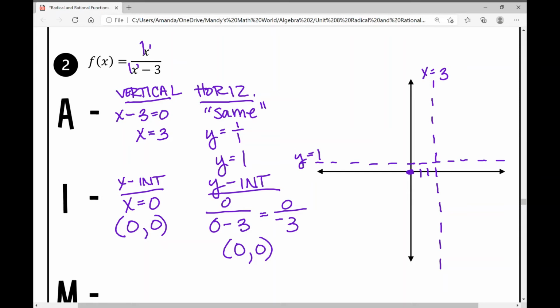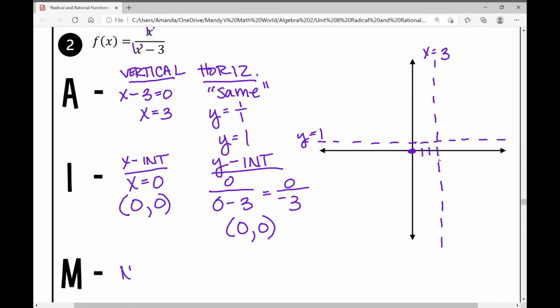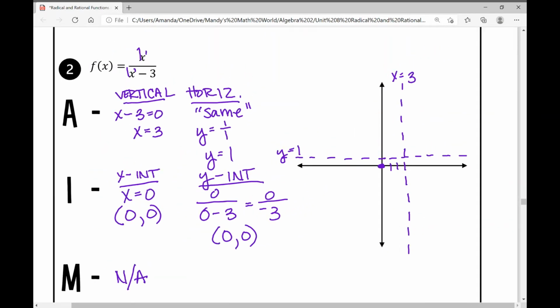And now let's look for those special squared terms where the entire factor contains multiplicity. Do I have any of that? I do not. So the m in this particular problem is not applicable. So when I sketch the rest of this function, I know that I've got the two asymptotes here, the vertical and the horizontal, and I've got a point in this lower left quadrant, if you will.